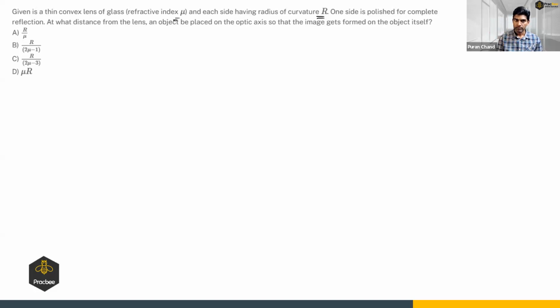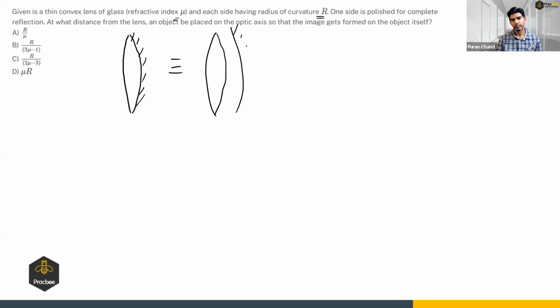Same logic. So here we have a biconvex lens, and we have silvered this. So this is nothing but a converging lens and a converging mirror, right? So the effective power will be 2 times the power of lens plus 1 times the power of mirror.